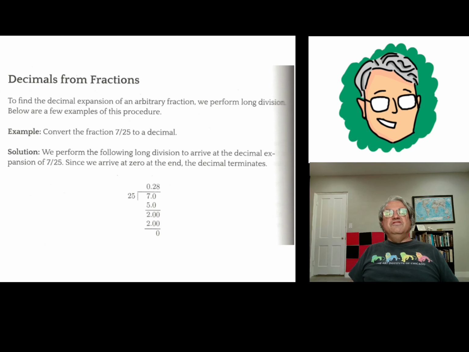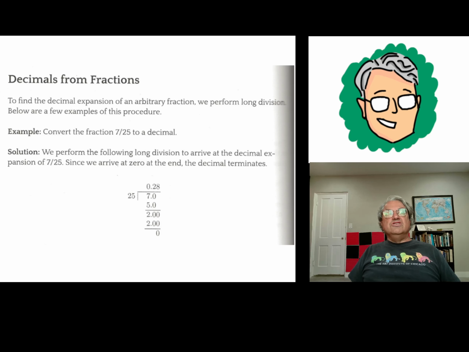So then you just kind of shift things. So now you should be thinking about, how many multiples of 25 go into 70. So if you like, we're kind of multiplying the divisor by 0.1. We've just shifted everything one space to the right.